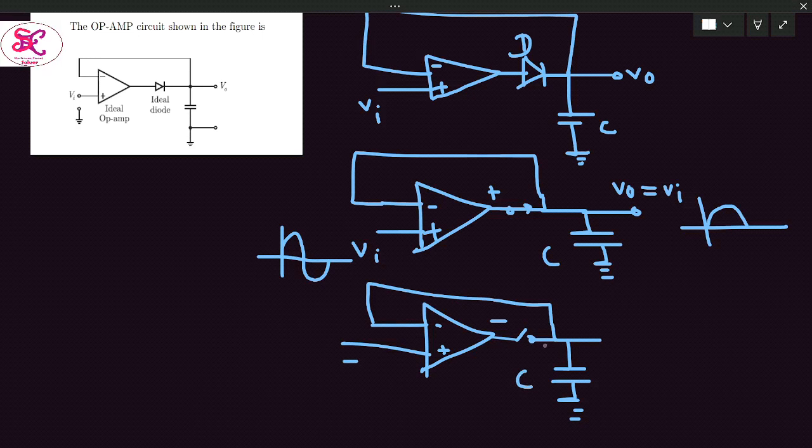There is no conduction since the diode is off. So output voltage will be 0 in this case. There is no discharge path for the capacitor at the output side. Since the op-amp output is negative, there is no conduction of current, and output voltage will be 0. So there is no output voltage during the negative half cycle.